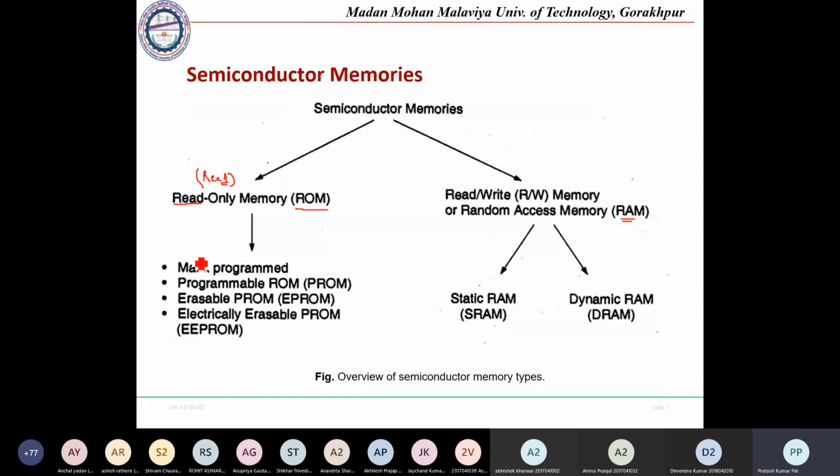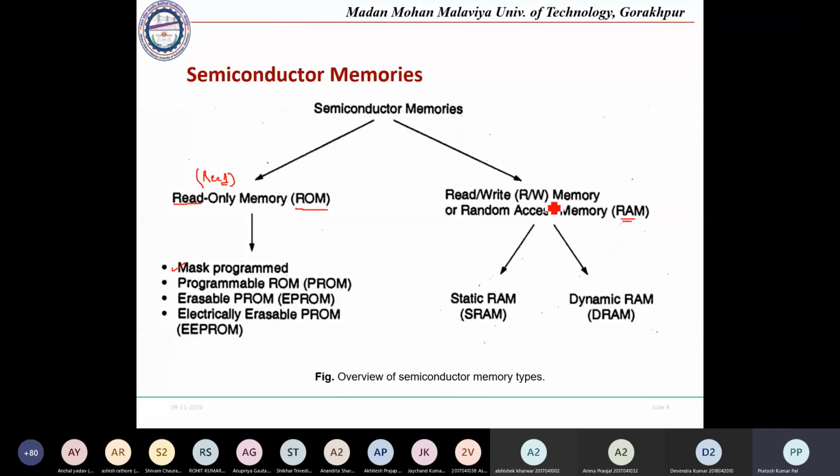There are different types of ROM: mask programmable ROM, that is PROM, erasable PROM, that is EPROM, and electrically erasable PROMs. So these are the different types of ROM.